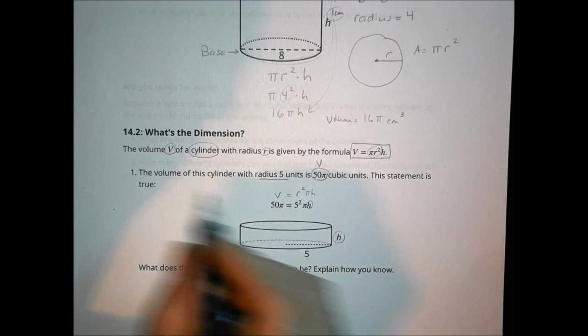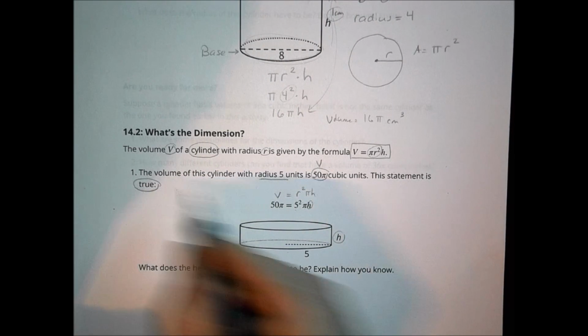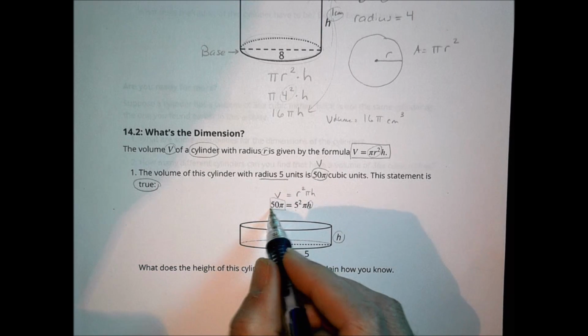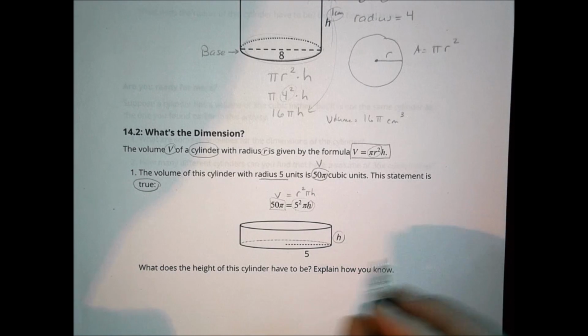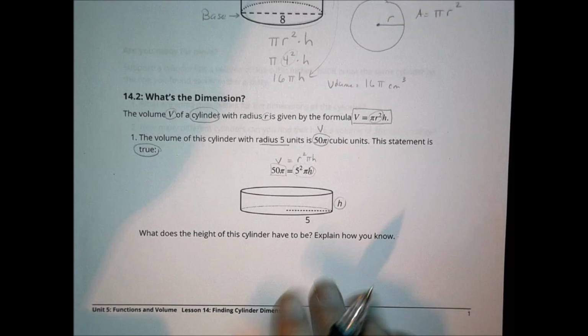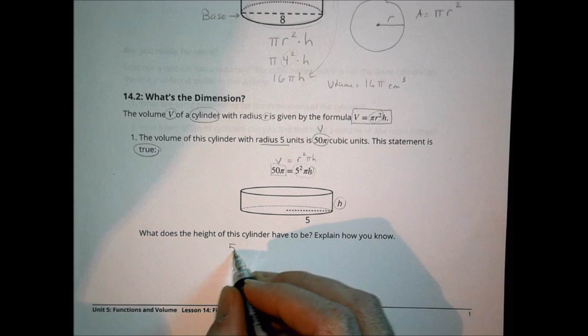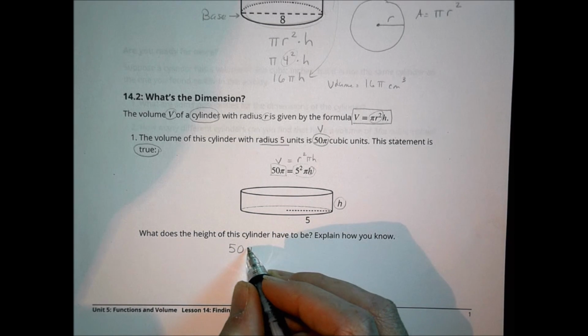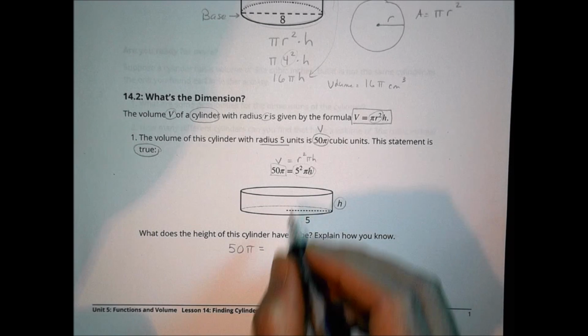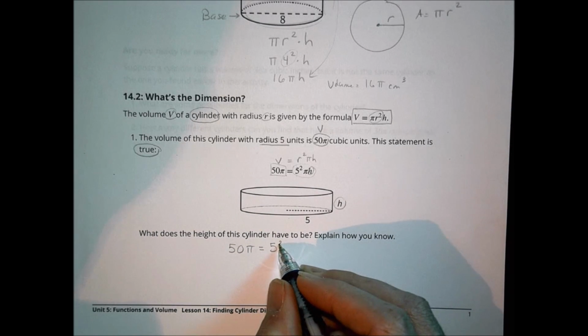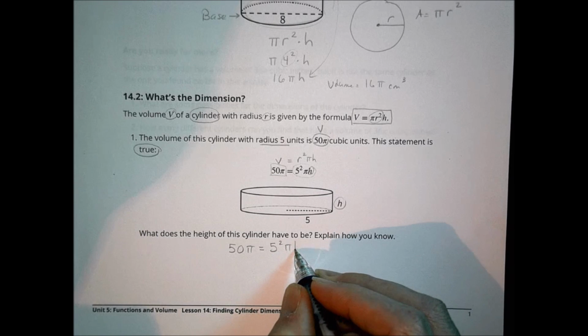If this is a true statement, and this 50 pi is equal to whatever this is going to be, then the way we would know is by working out the process on the right side to match what we have on the left side. So I have 5 squared pi times h.